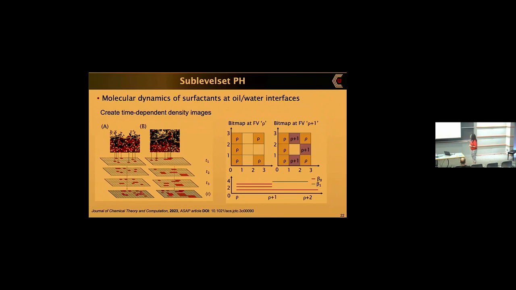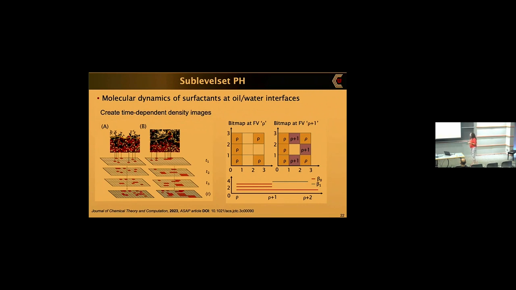So we've used sublevel set persistent homology to analyze lots of different types of liquid-liquid interfaces, and this is a growing capability. One of the first things we did was look at the heterogeneity on a liquid-liquid surface based upon adsorbates, because the thermal fluctuations and self-assembly of some of these surfactants on the surface lead to a lot of heterogeneity at the liquid interface.